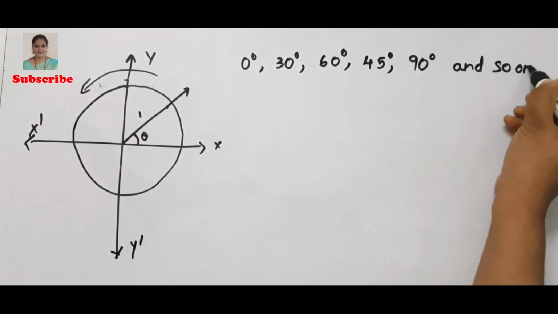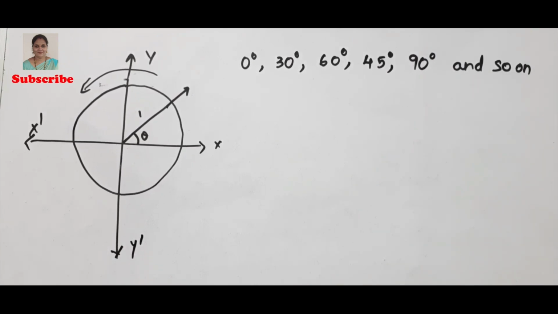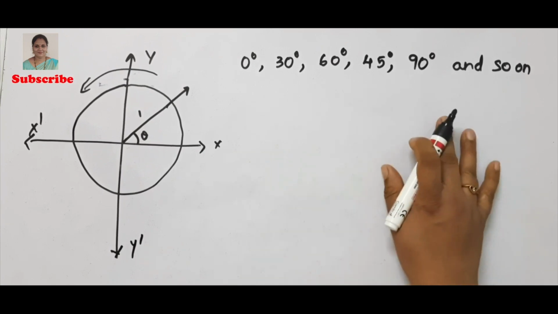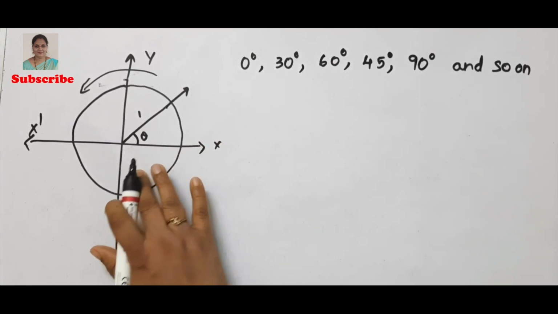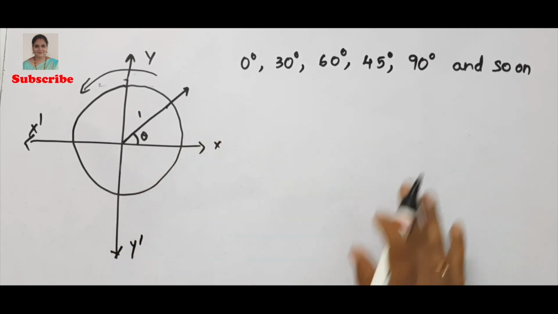These values are very important in doing calculations as well as in studying, that is, for plotting graphs of trigonometric functions. So let us study in this video the values at these angles.